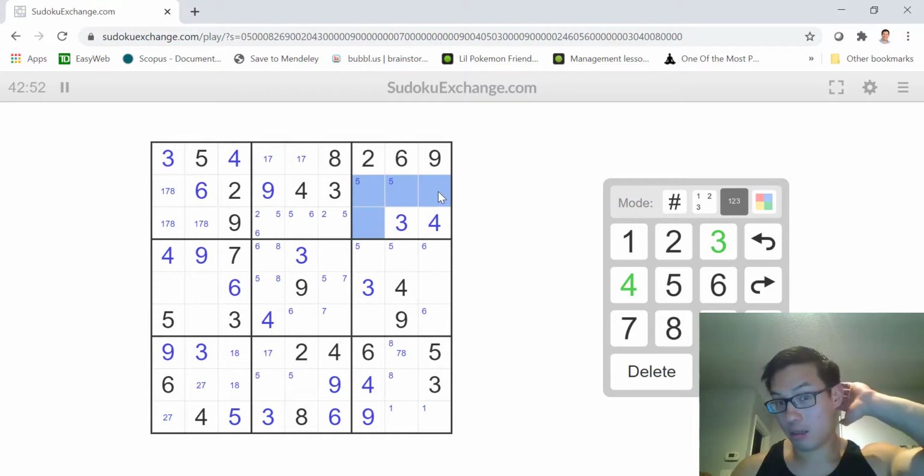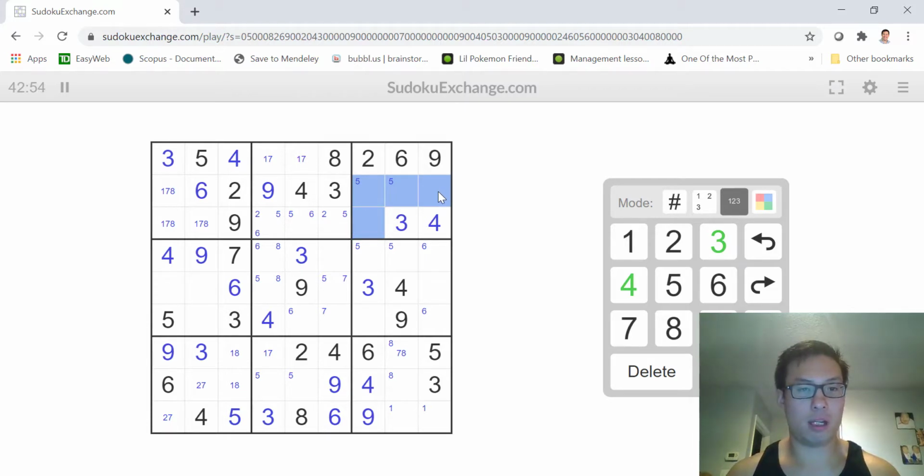I think a 1 can go anywhere here. The 1s are what are gonna mess me up the most, I think. 1s can go along there. 2, 3, 4, 5 can only go there. 6s, okay, and then 7 and 8. 8 can't go here.